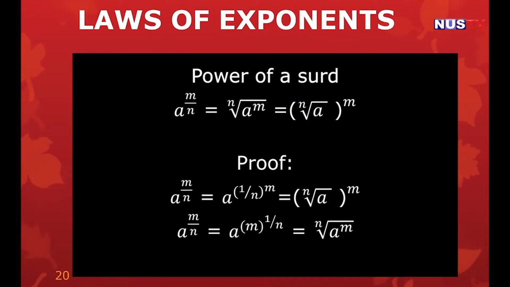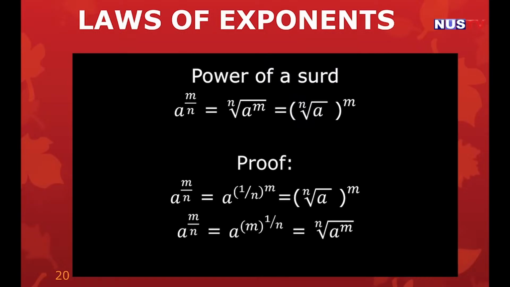Now, we are moving to our surds, which is the main learning outcome of your strand number 1. The power of a surd. Now, if you have a to the power of m divided by n, you can rewrite it as a surd, as the nth root of a to the power of m, or you can rewrite it as the nth root of a, all to the power of m.